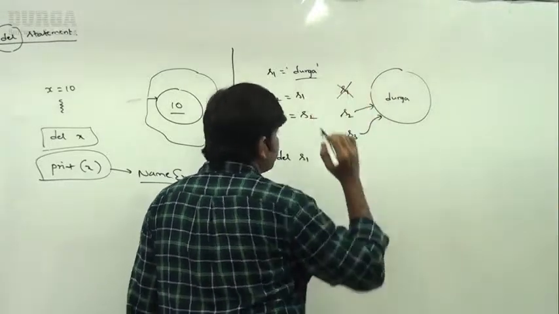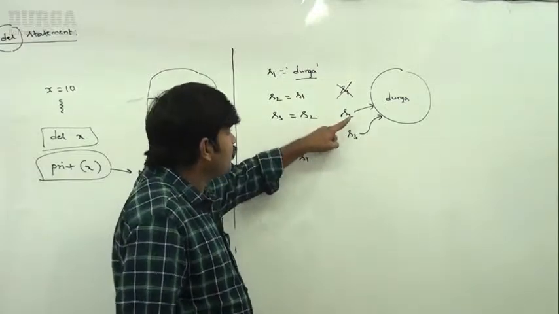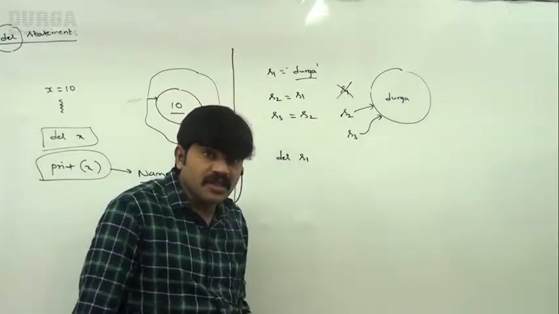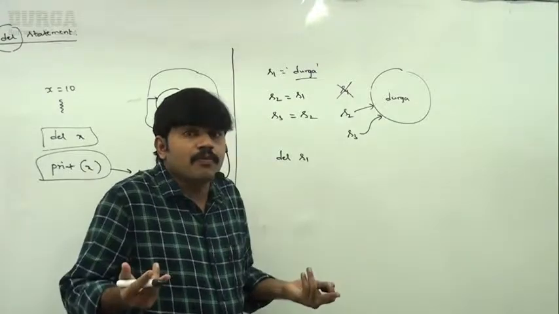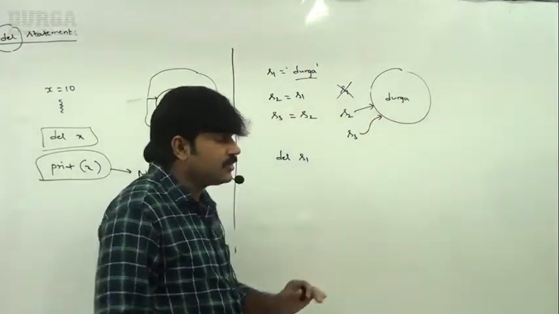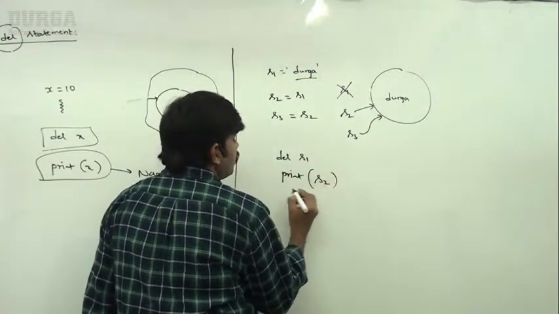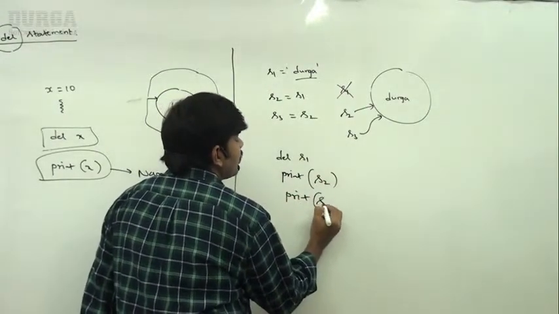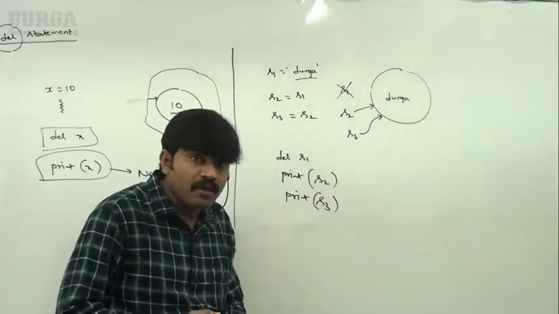Remember this: only s1 will be deleted. But we can still access that object using s2 or s3. It is not eligible for garbage collection. Where is the proof? You can print the s2 value or the s3 value, and we will get Durga.